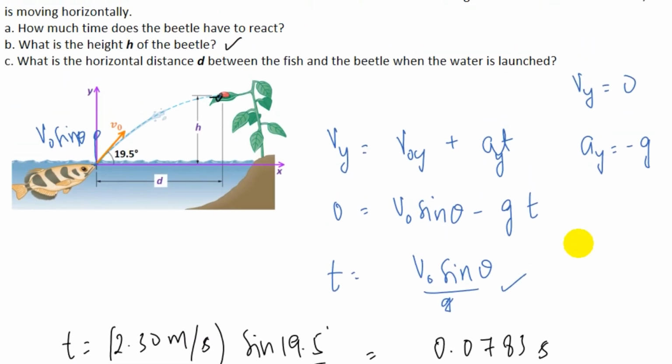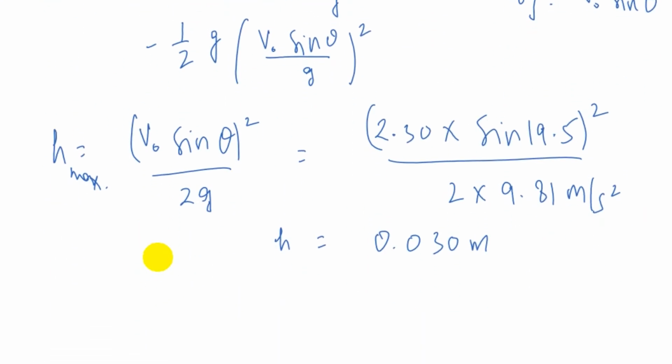Now next in the C part we have to find the horizontal distance d. This part is pretty simple. We know that the horizontal velocity remains the same, so d will be equal to the speed multiplied with time. Speed we have V0 cosine theta in the horizontal direction, and time t as it is. Now we can put the values.